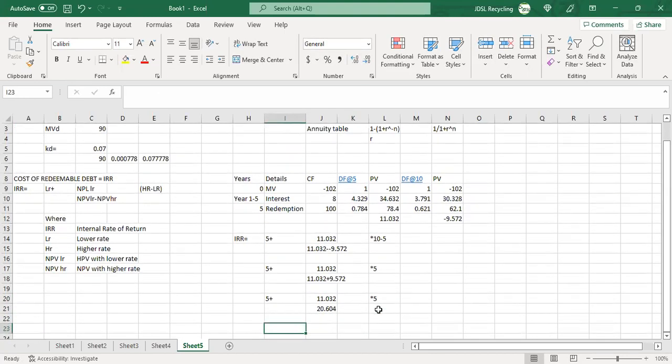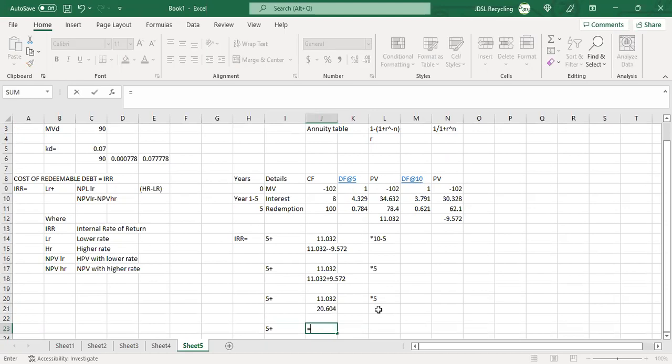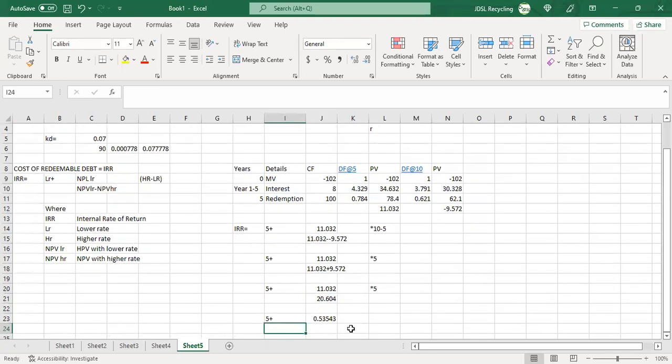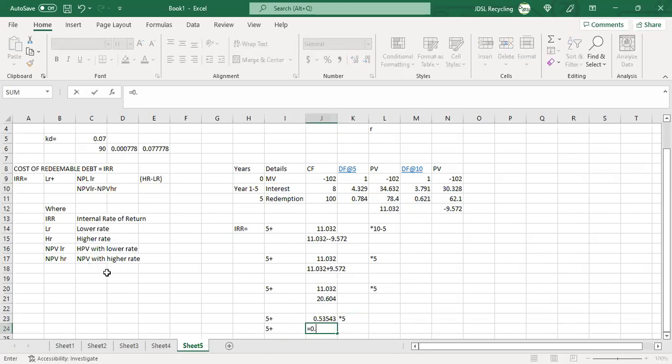Stephen? I didn't get that. 5 plus 11.032 divided by 20.604. We have this multiplied by 5. So this will now be 5 plus 0.53543 multiplied by 5.